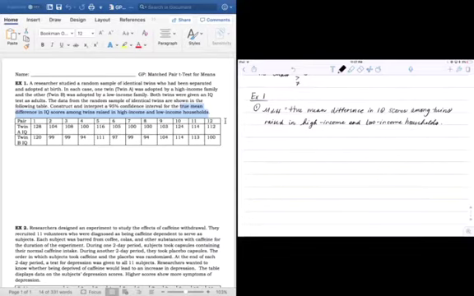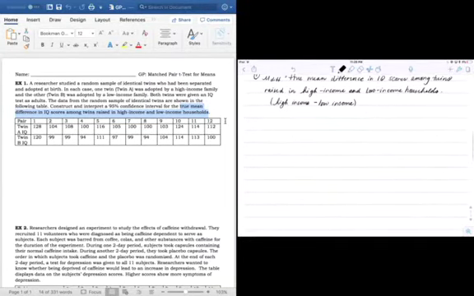I'm going to make a note as to which value I'm taking first and which value I'm taking second. So I'm going to do high income minus low income. That's the difference I'm going to take in this case. Typically the problem will tell you what kind of difference you want to take. So that's the first step. We defined our population parameter.